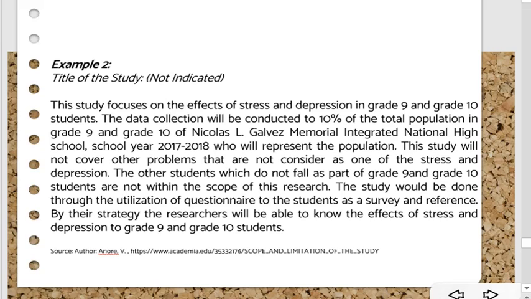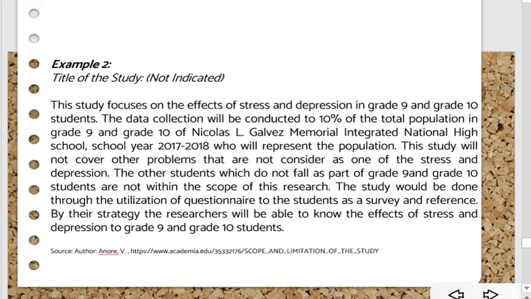This study will not cover other problems that are not considered as part of stress and depression. The other students who do not fall as part of grade 9 and grade 10 are not within the scope of the research.